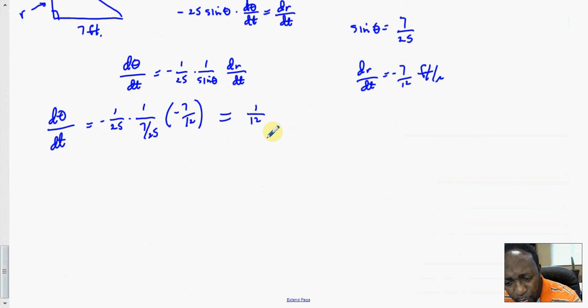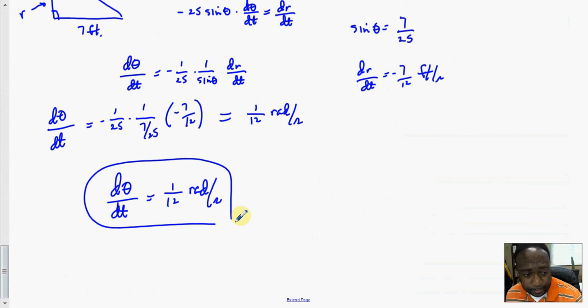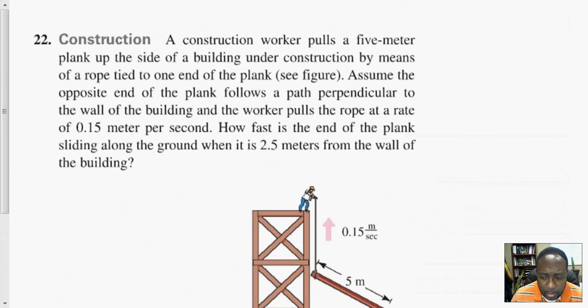This is going to be in radians per second. Okay, and my writing is kind of going up. So d theta over dt is equal to 1/12 radians per second. Well, let's move on. We spent a lot of time on that problem.